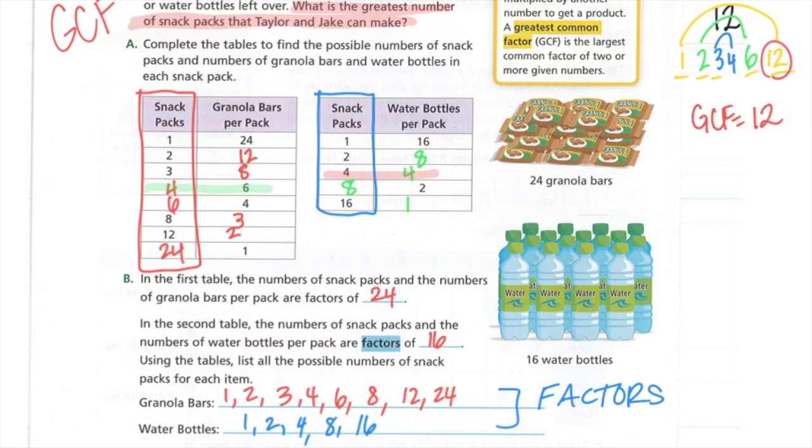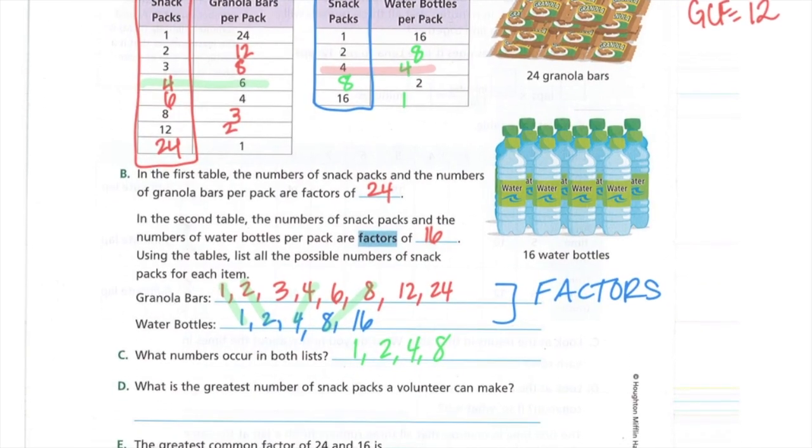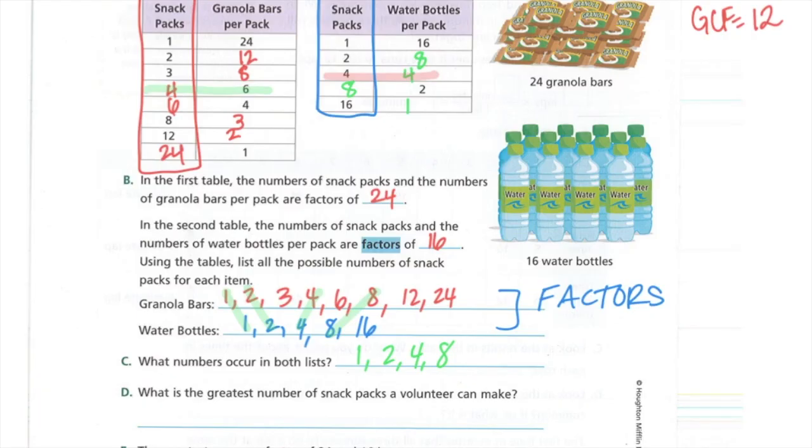What numbers are in both lists? Let's see. Which ones are in both? Well, they both have 1 and 2, 4 and 8. Okay, 1, 2, 4, 8 are in both lists. What is the greatest number of snack packs a volunteer can make?